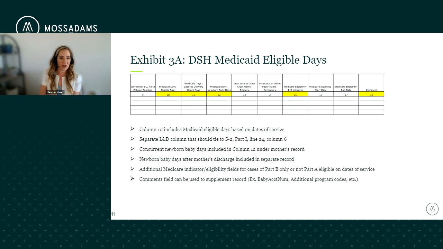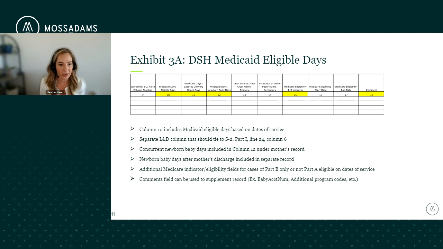All right, moving on to the next template form, the Medicaid eligible days, labor and delivery room days. I can't tell you how many questions there are associated to how do you calculate a labor and delivery room day, how are you supposed to populate this template, and what do I do with these newborn baby days?